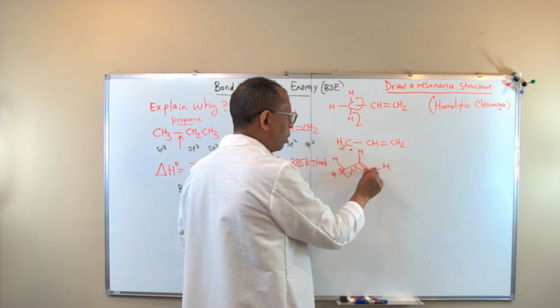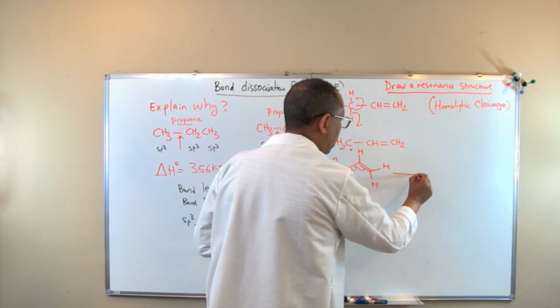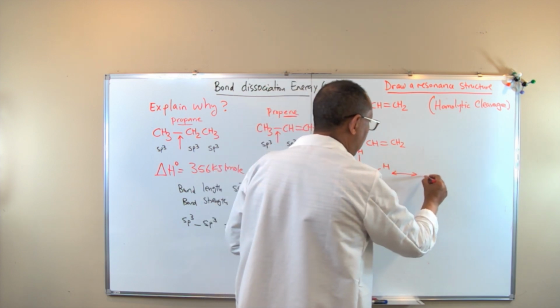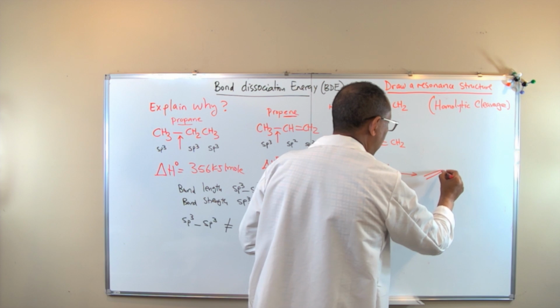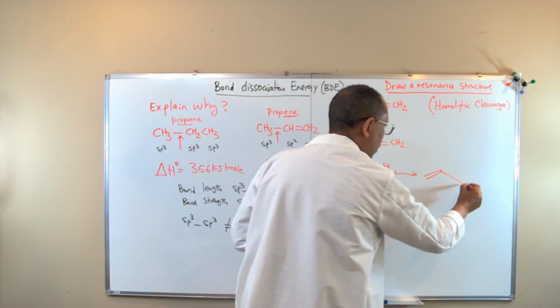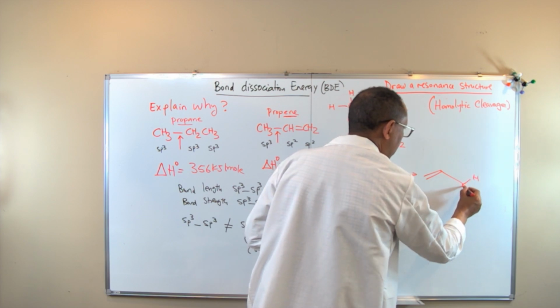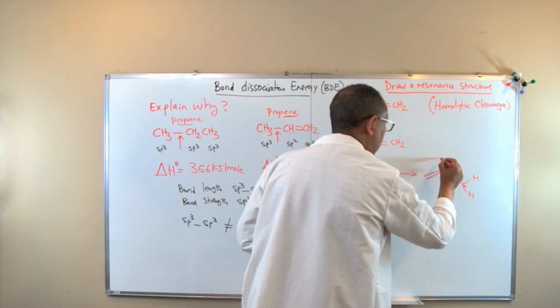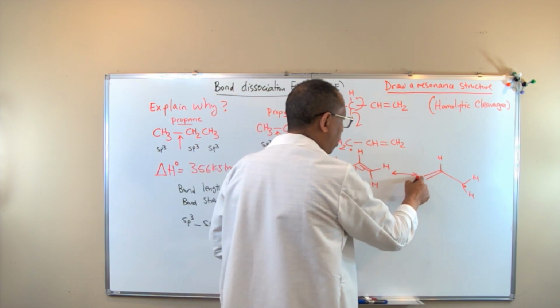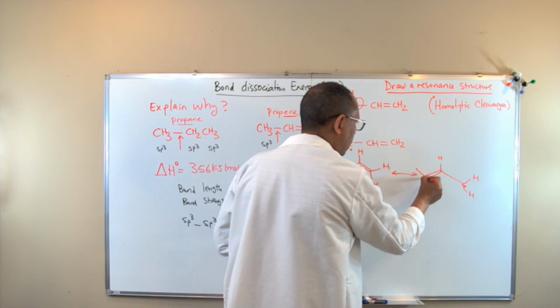It leaves the radical here. So for the resonance, it's a double arrow. What we have formed is a double bond, and the free radical came here. There are two hydrogens here still, CH is still here. But what happened is a new bond was formed here.